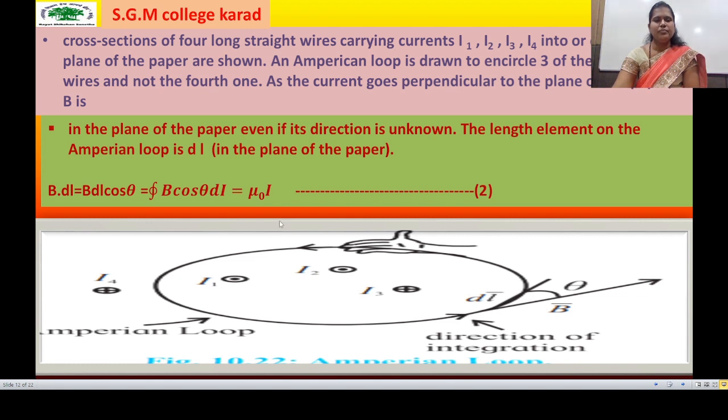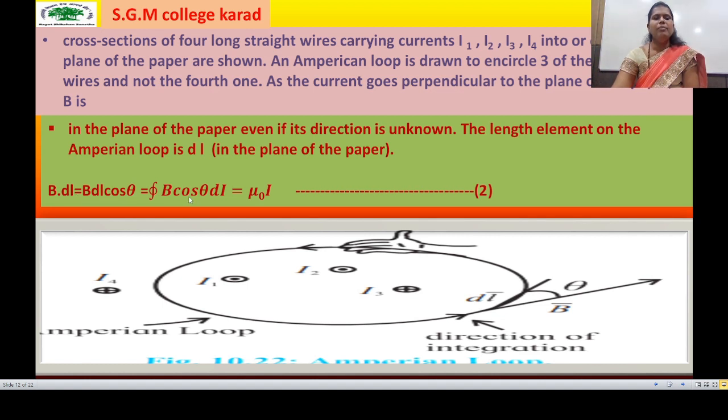Now, how many currents are inside? I1, I2, I3 are inside the Amperian loop, which is drawn to encircle the currents, and the 4th one is outside. In the plane of the paper, take a length element dl of the Amperian loop. By using Ampere's law, B·dl is equal to B dl cos theta.